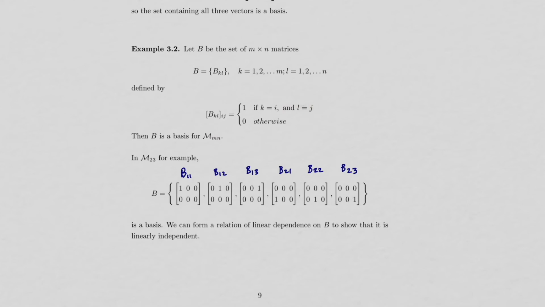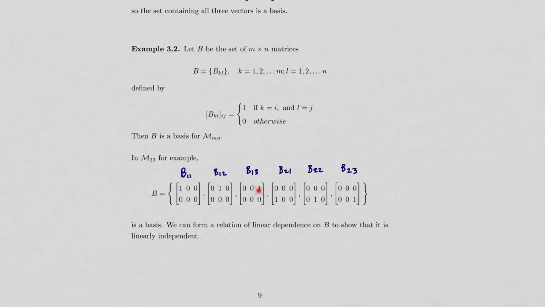So when I wrote these out, I'm just thinking to myself, well, these basis vectors, they're a matrix, a 2 by 3 matrix is a vector in this vector space M23. These basis vectors are going to be all zeros everywhere, except they're each going to have a 1 in one of the positions, and they each get a 1 in a different position. So I just go across the rows, and I have zeros everywhere, except I'll have a 1 here on this one, and then a 1 here on this one, and then a 1 here.